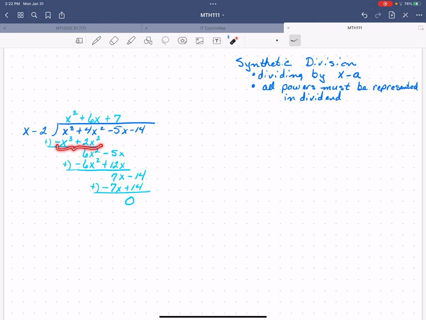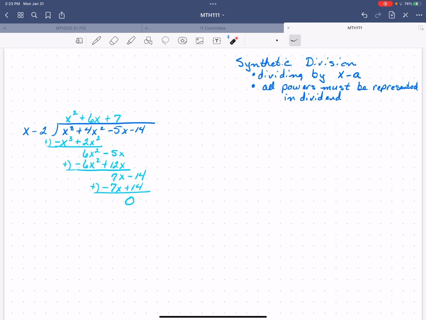Now, I then changed its sign so that I could add instead of subtract, because in long division we normally subtract at this stage. Then I added the 2 and the 4 together, and that's where I got this 6x squared from. Now this 6x came from asking myself, what do I multiply 1x by in order to get 6x squared?